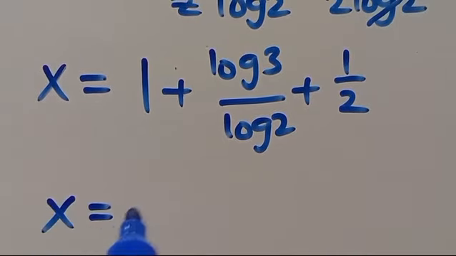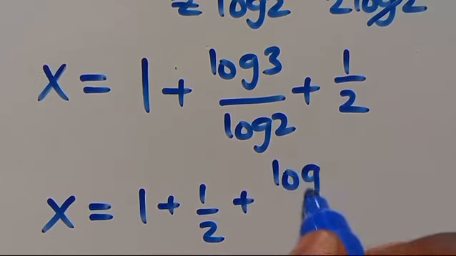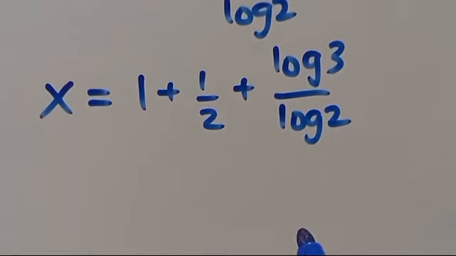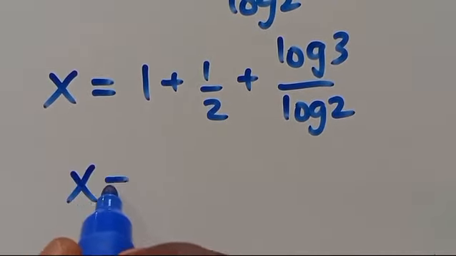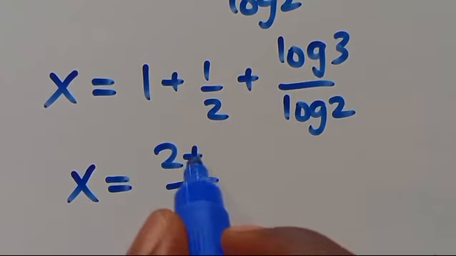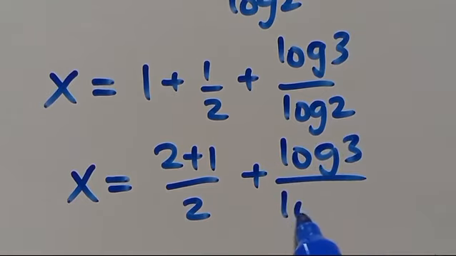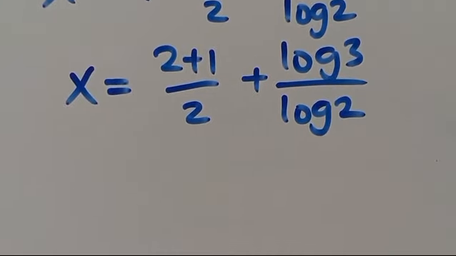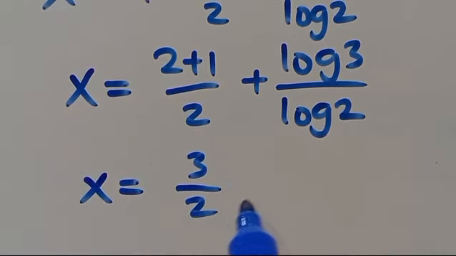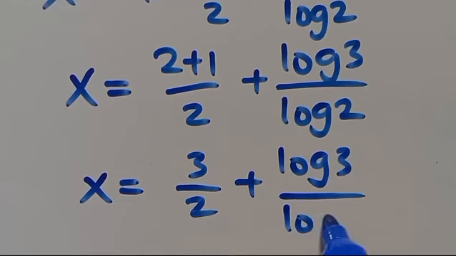We have x equals 1 plus 1 over 2 plus log 3 over log 2. So we have x, the LCM will be 2, then this will be 2 plus 1 over 2 plus log 3 over log 2. 2 plus 1 will be 3 over 2 plus log 3 over log 2.